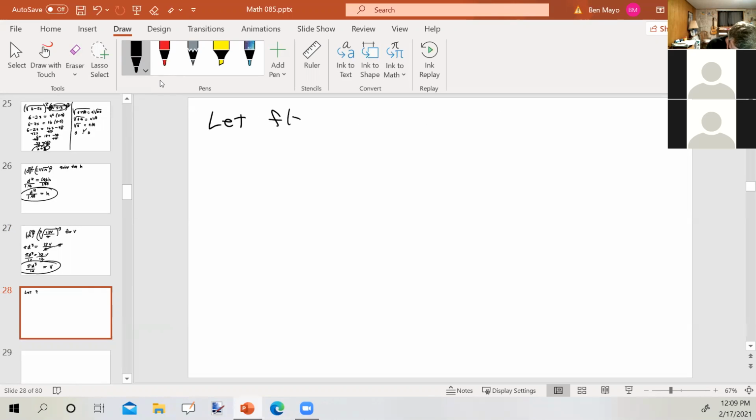The reason I'm not doing that one is because it leads us to something that's more complicated than we need to do. Let f of x equal the fourth root of x plus 8 minus the fourth root of 2x. Okay.